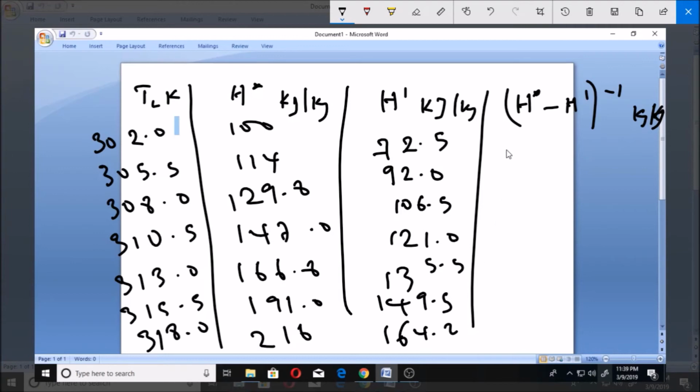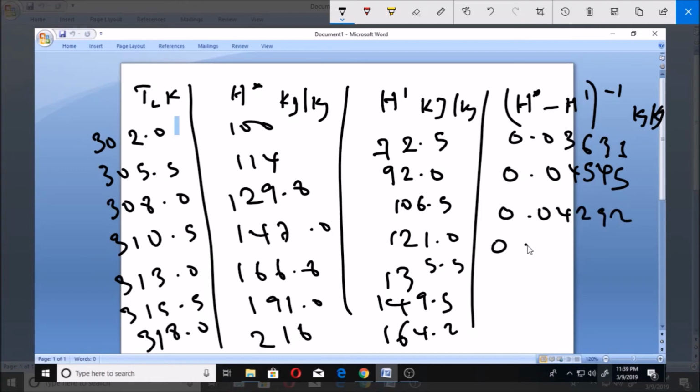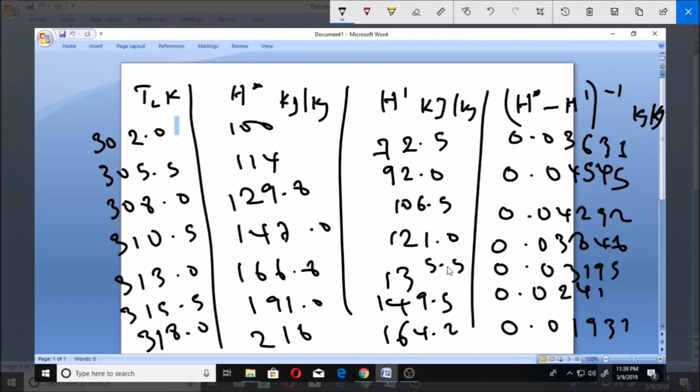Then find the inverse of H equilibrium minus H prime: 0.03636, 0.04545, 0.04292, 0.03846, 0.03195, 0.0241, 0.01931. So that's what we are going to use.